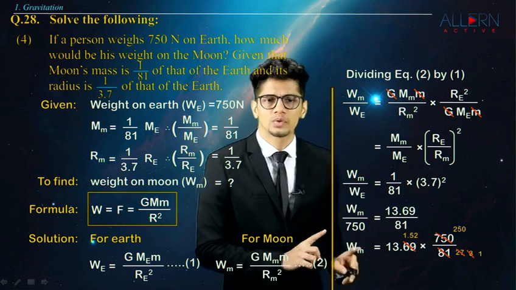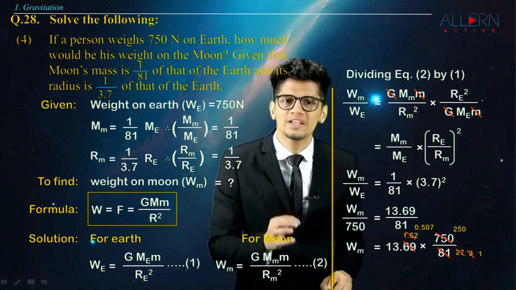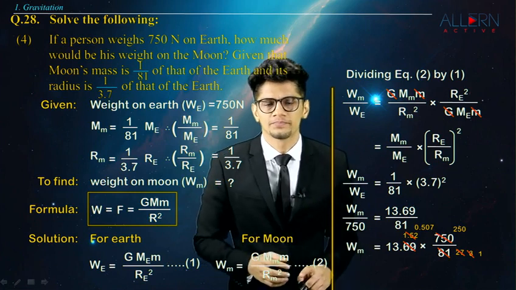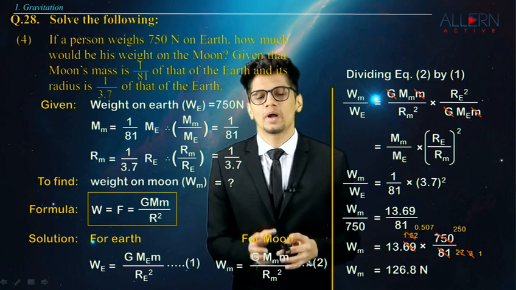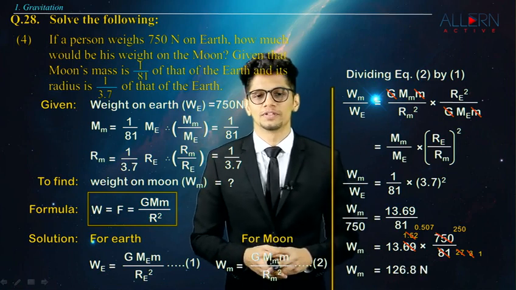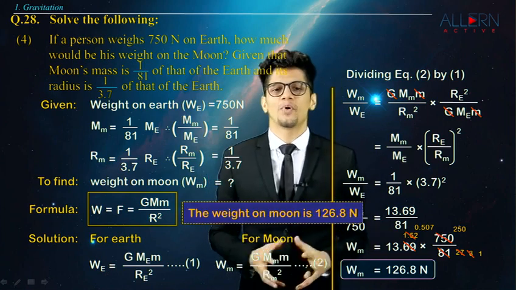Again we try and calculate, 3 1s are 3, and the answer that we obtain over here is 0.507. Then when we multiply both of them, the answer that we obtain is 126.8 Newton. So the answer is, the weight on the Moon is 126.8 Newton.